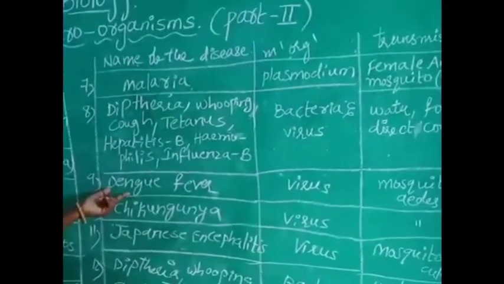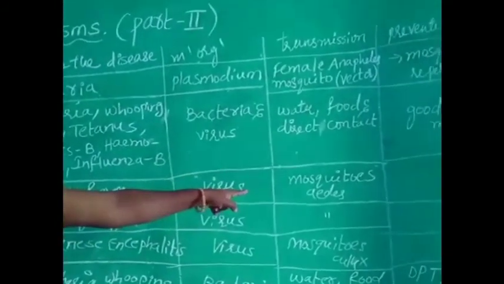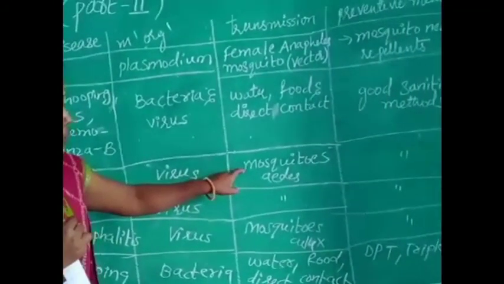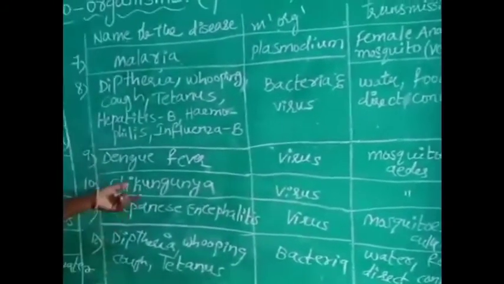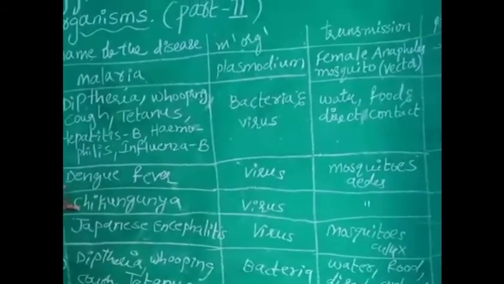Next, dengue fever is caused by a virus, transmitted by the Aedes mosquito. Chikungunya is caused by a virus from the Aedes mosquito. By maintaining good sanitization methods, we can control dengue fever and chikungunya.